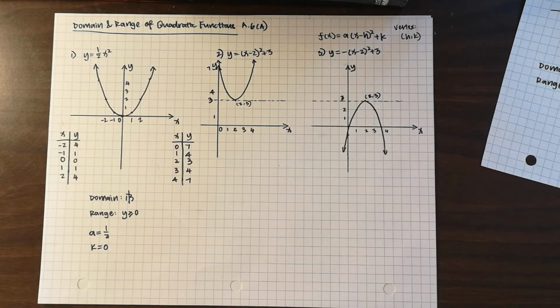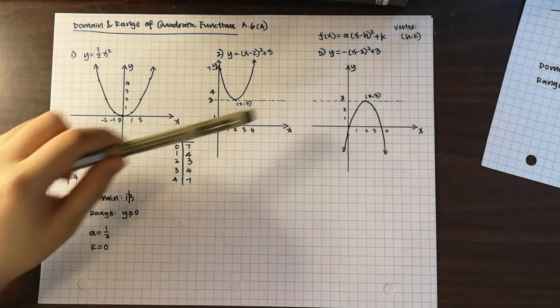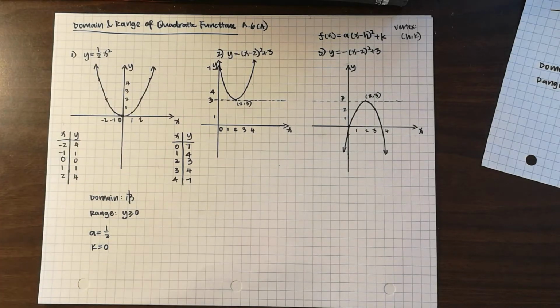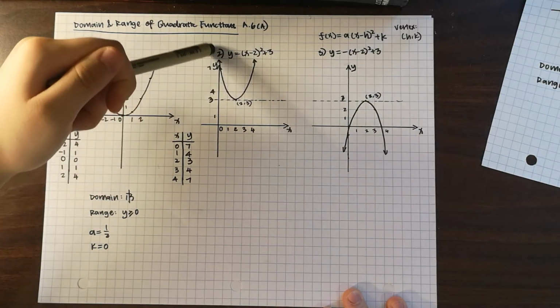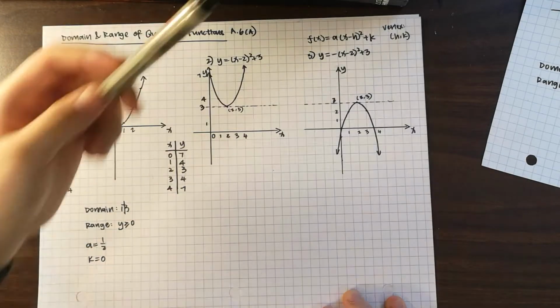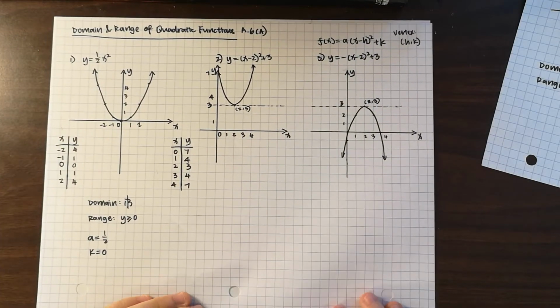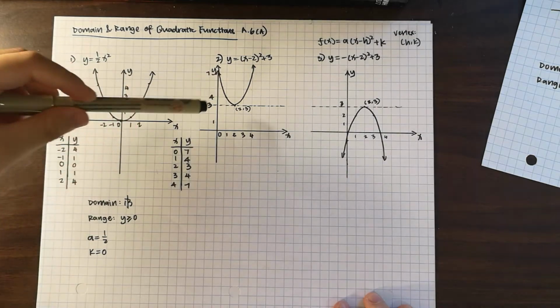The second example: y = (x - 2)² + 3. And we draw the graph out. The domain is always all real numbers, and in this graph also, because the arrows are going in both directions. However, the range isn't all real numbers.